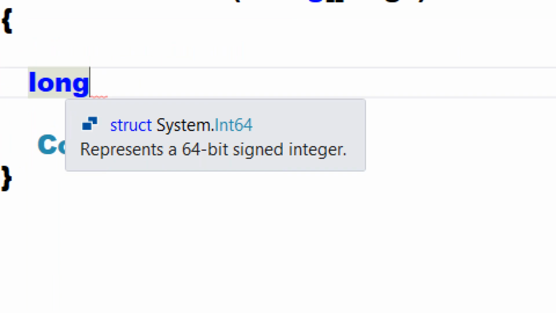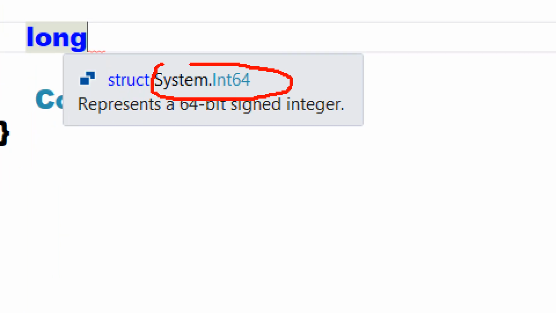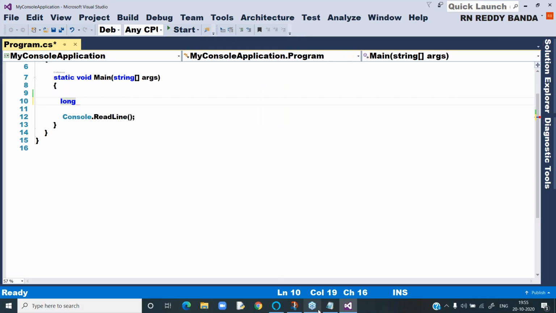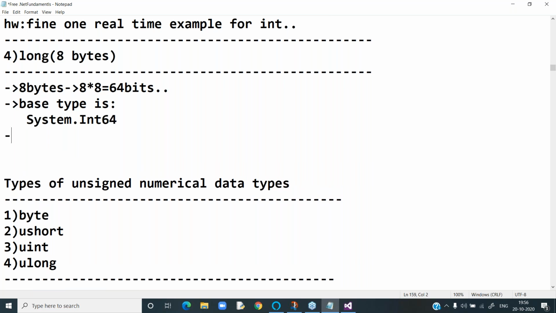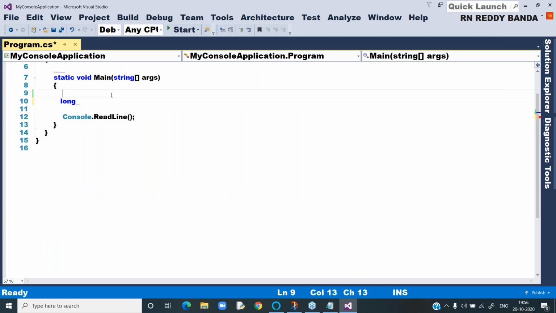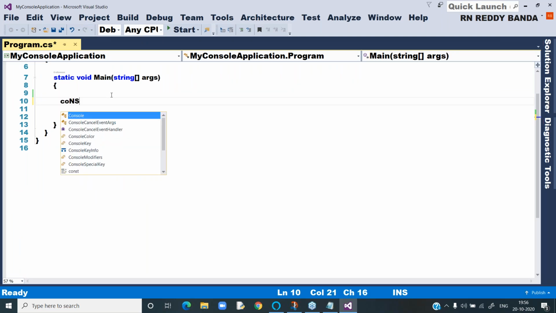System.Int64, because 64 bits. The starting range and ending range are not required, because it is a huge value.